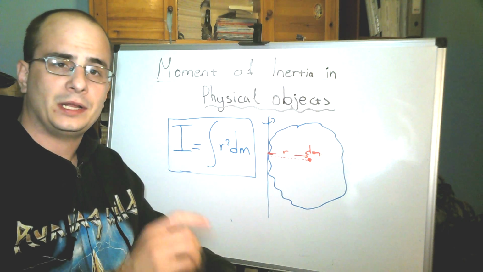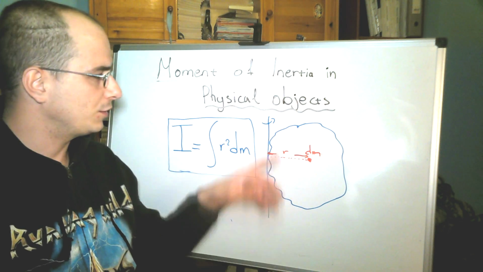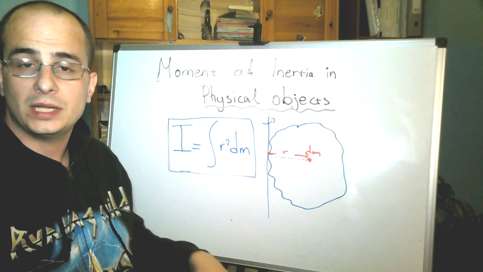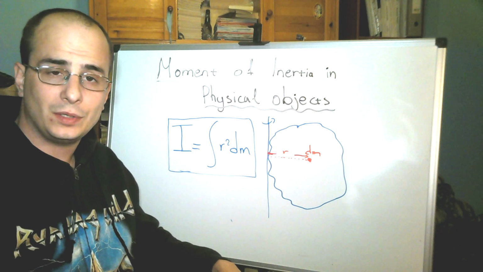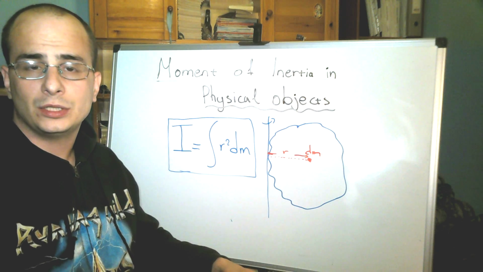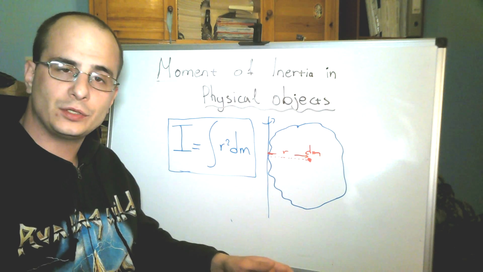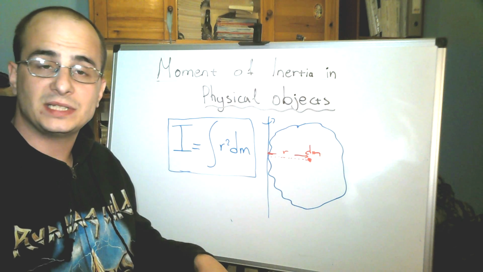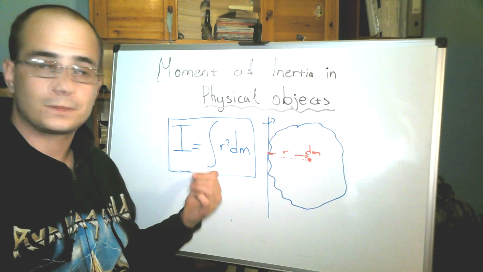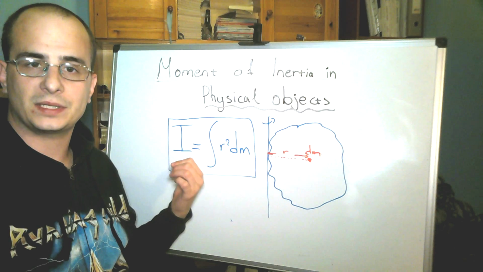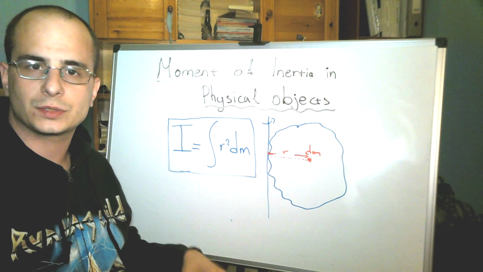So, again, because it is a system of point masses, we have the rotational axis, and the moment of inertia is again the sum of the products of each point mass and its radius from the rotational axis. But since it's a continuous sum, we use the integral. So here is the mathematical expression for the moment of inertia in physical objects.